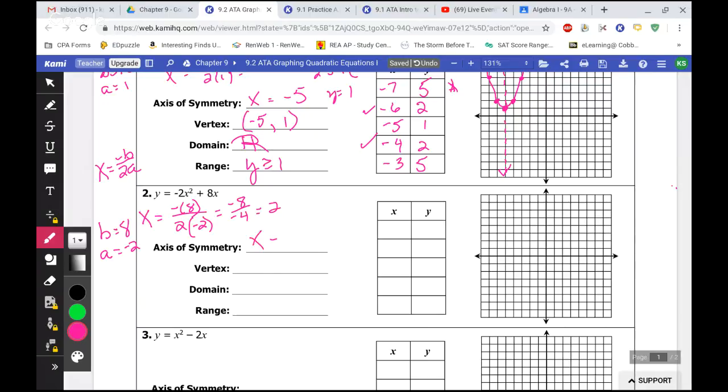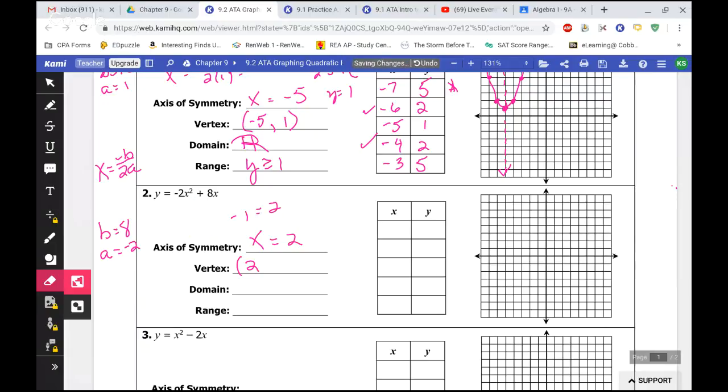So our axis of symmetry is 2. And the x coordinate of our vertex is also 2. So now we'll take that 2 and plug it back in to our equation to find the y coordinate of our vertex.